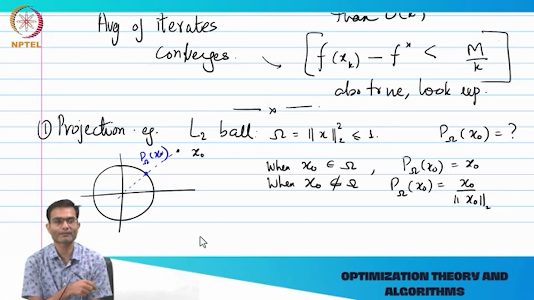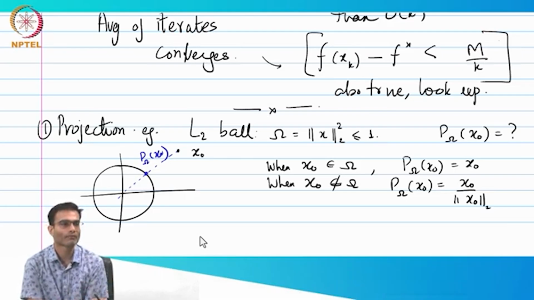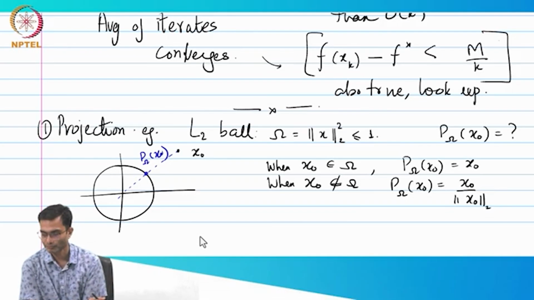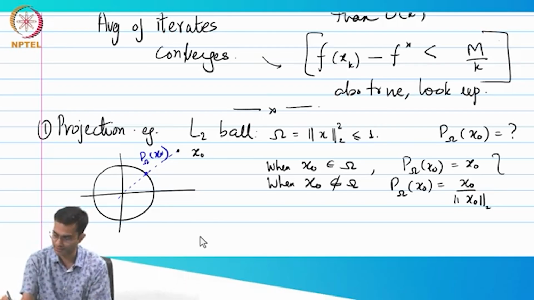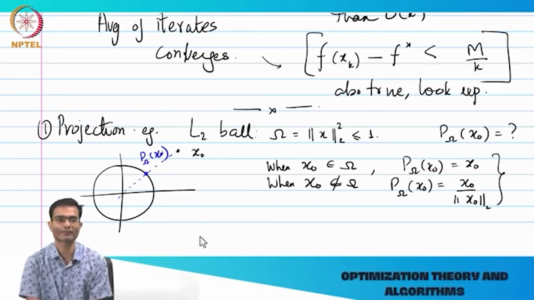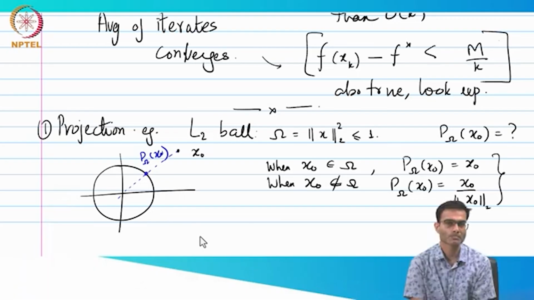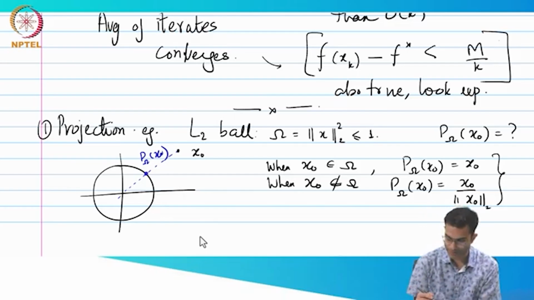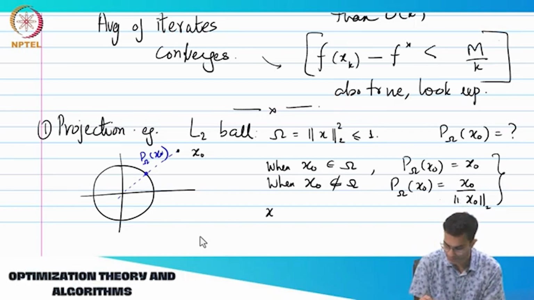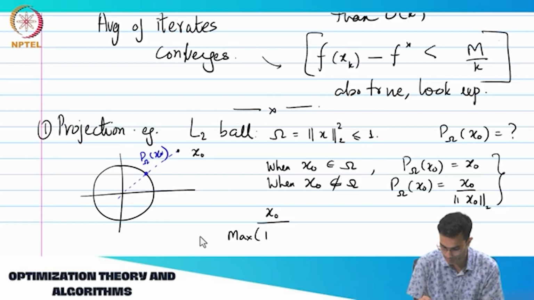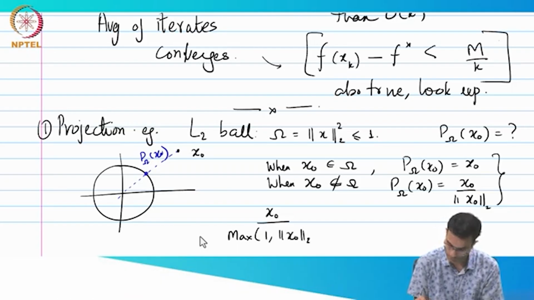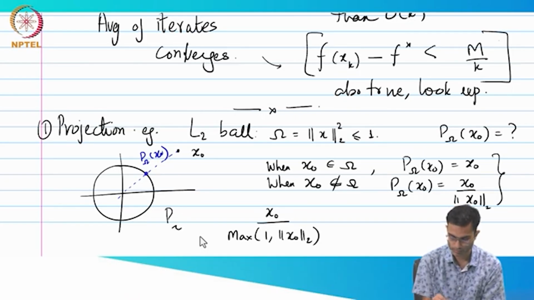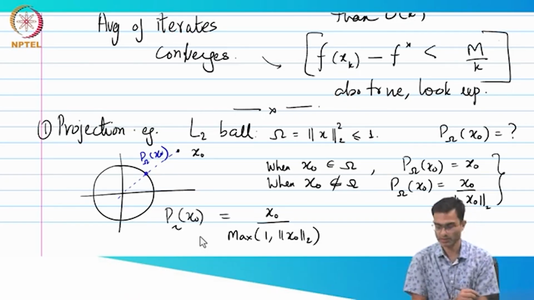Is there a compact way of writing this? No, this is two cases. Is there a compact way of condensing this? Right. So basically, if I use the max operation, supposing I write this as x naught divided by max of 1 comma norm of x naught, does this work?